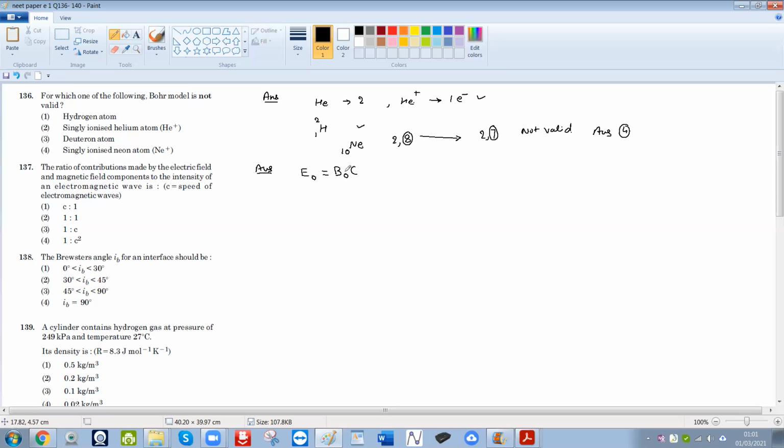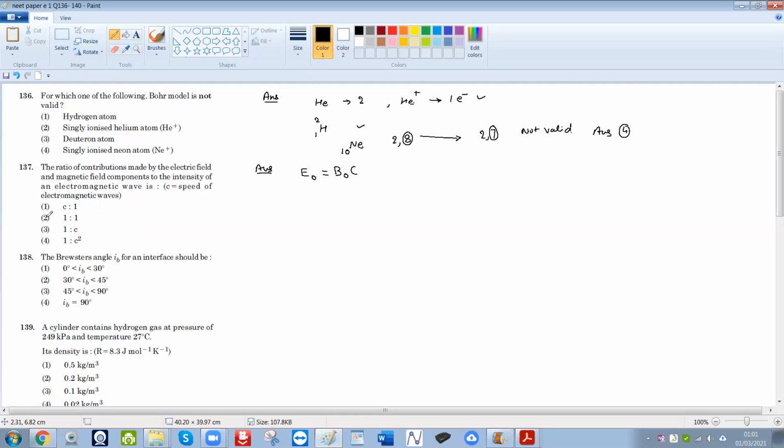So magnitude of magnetic field intensity variation is much smaller compared to variations in electric field intensity. However, it can be shown that both the fields contribute equally to the energy when we consider the overall intensity of electromagnetic wave.